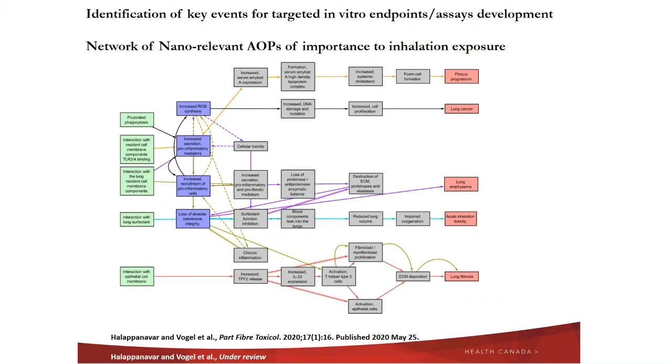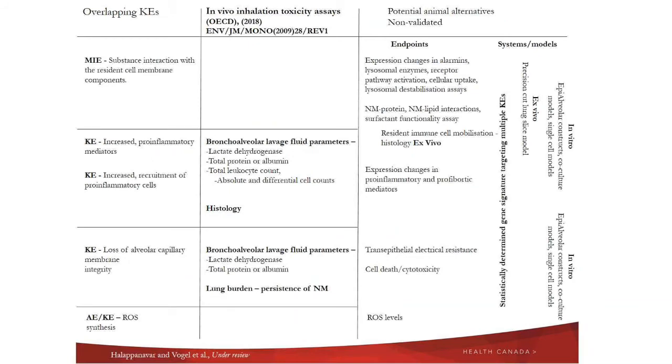At Health Canada, however, we used a different approach to come to the stage of developing predictive in vitro models. As many of you, oh, sorry, I'm a little bit ahead of myself. In this slide, what I would like to bring your attention to is that on your left, you will see the overlapping case from the network.